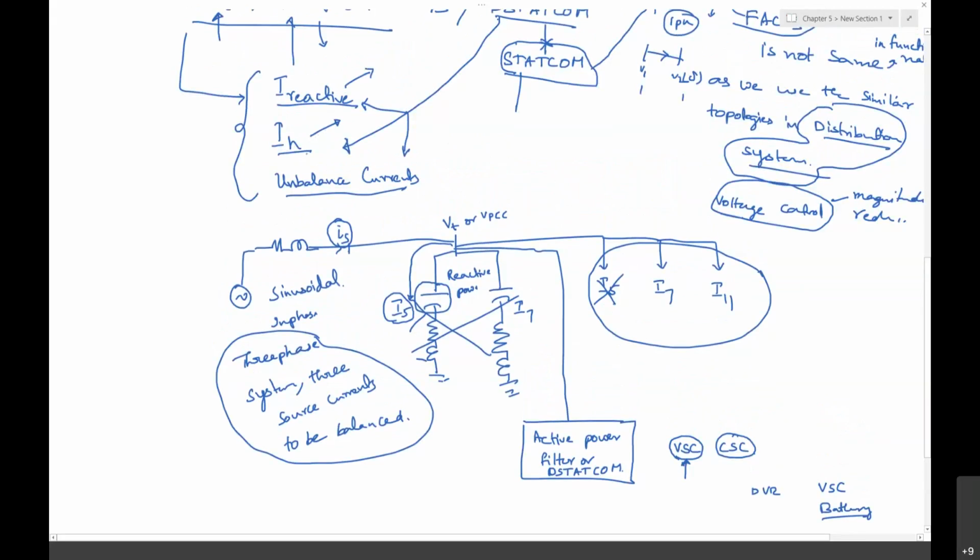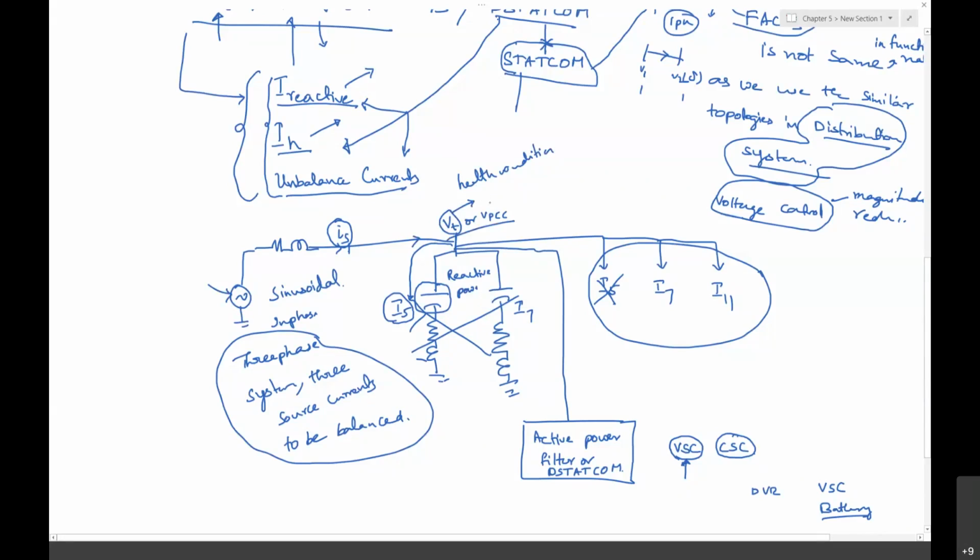One thing in dealing with these currents, the reactive current, the harmonic current and the unbalanced current, is that the source connected here, with the terminal voltage VT, is in a healthy condition, especially with respect to the power at this PCC bus.